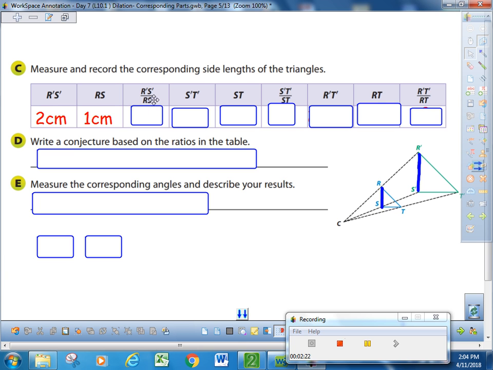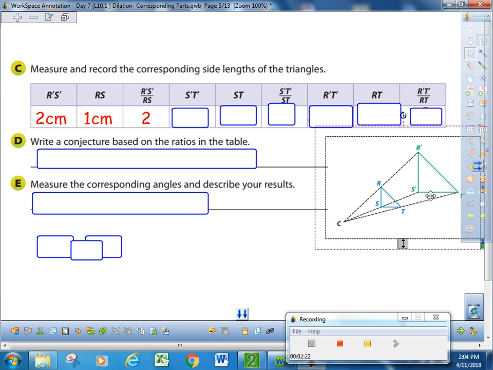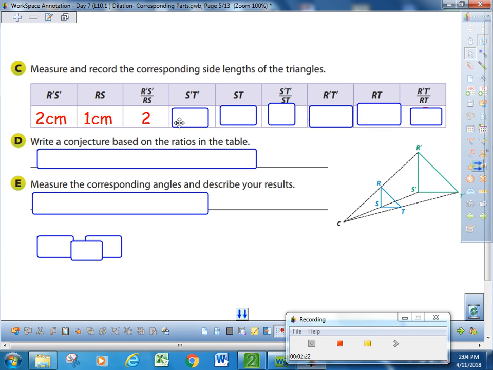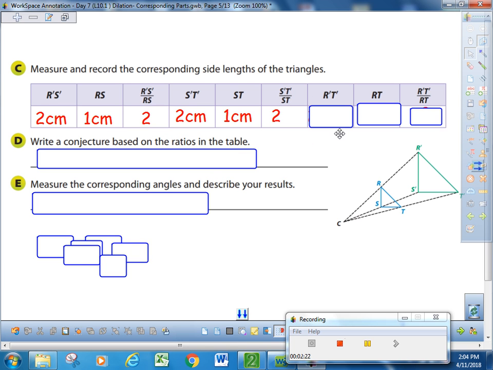So if I make a ratio out of it, a fraction, it becomes 2. I put the prime, the image, over the pre-image. And then I'm going to go ahead and measure ST prime and put it over ST. And those are 2 centimeters and 1 centimeter. And again, my ratio is 2.